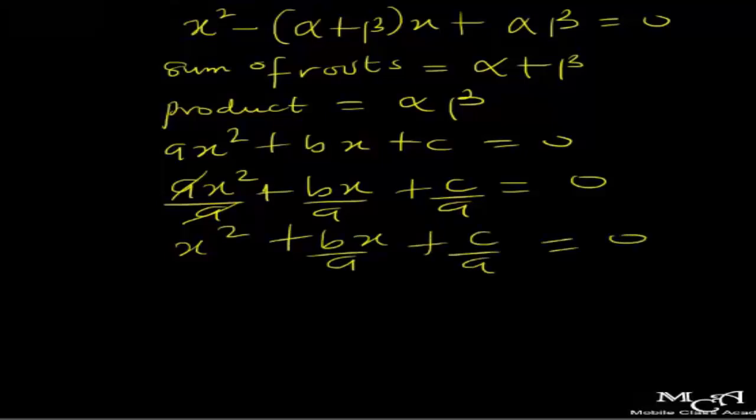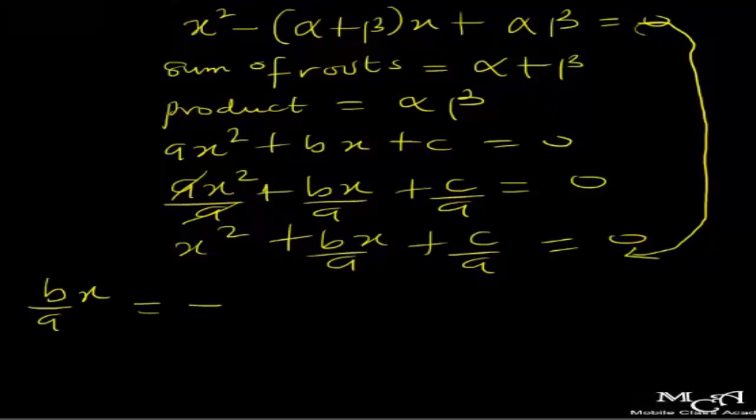If we compare these two equations together, we can say that b over a, we equate it to minus alpha plus beta x. So I can just say that bx over a equals minus bracket alpha plus beta x. So this x cancels this x here.